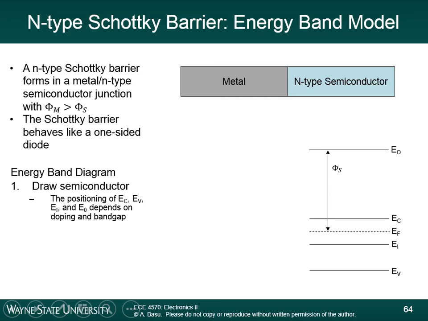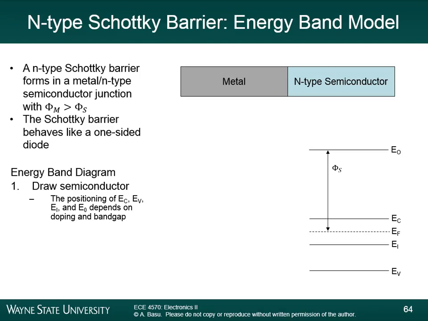Based on the location of the Fermi level, you can figure out phi s, the difference between EF and E0 in the semiconductor. In your diagrams, you can also add an x sub s, the distance between E0 and EC, and that's a constant for silicon, 4.05 electron volts. Any questions on this part? It should be pretty easy to do.